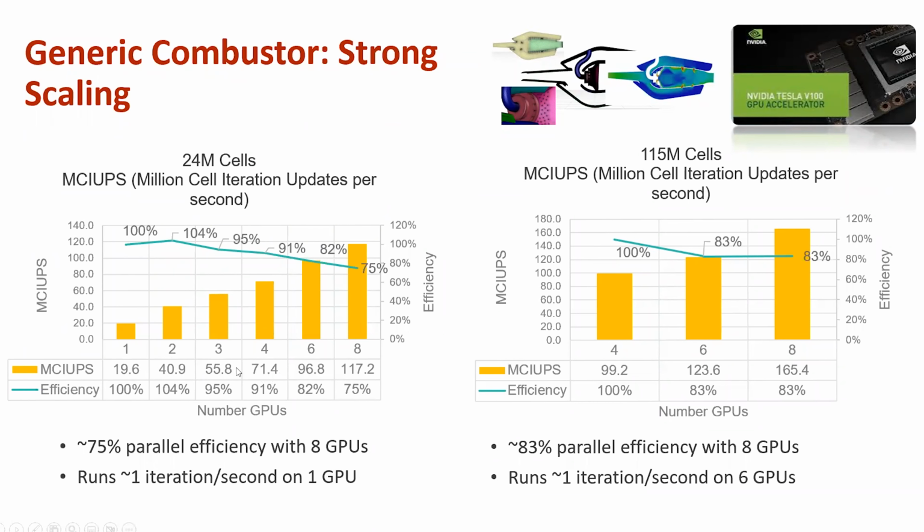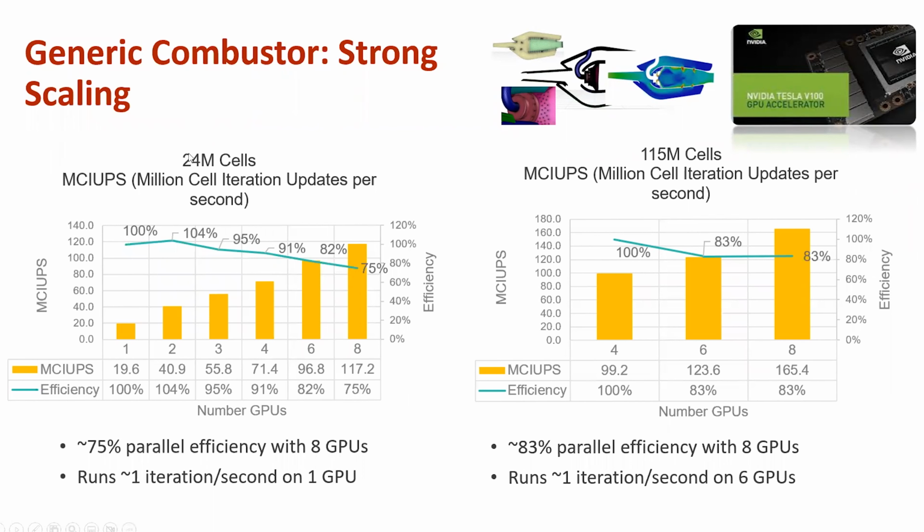So that's how these numbers scale up. Now, ideally, if your scalability was 100%, then by adding 8 GPUs, you should have gotten 8 times the MCI UPS value, but you only get around 117.2 instead of roughly 160. So that is around 75% efficiency. That means that by adding 8 GPUs, you're getting around 75% scalability, which is what is represented by this blue line over here.